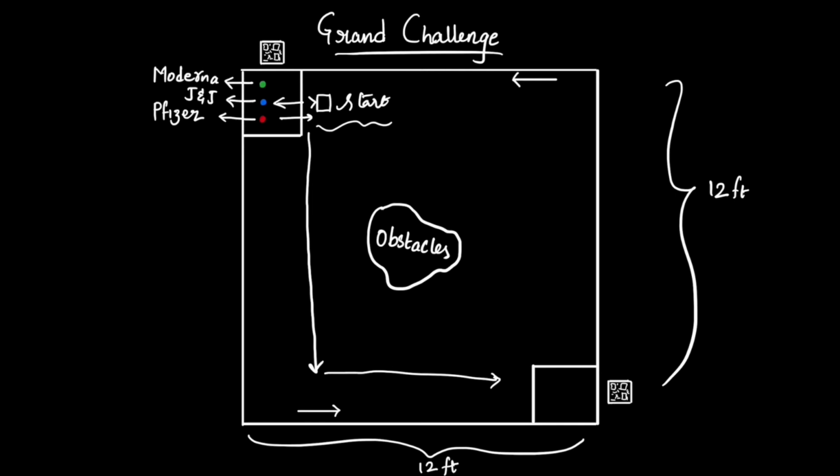Once it's there, it waits for a face detection, and once it detects the face, it drops the respective vaccine and moves back. Once it moves back, it turns left again by 90 degrees and moves forward until it can localize and figure out where there's another arrow. Once it sees the arrow, it can read the arrow and move to the left. This process repeats 2 other times, and it can pick up and place all 3 vaccines based on what QR code we send it.